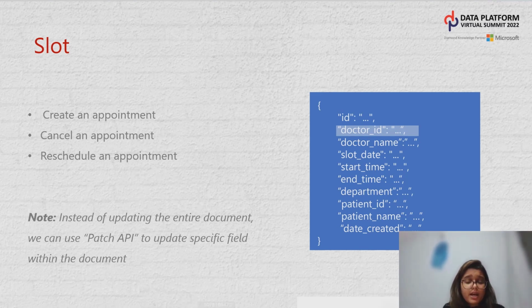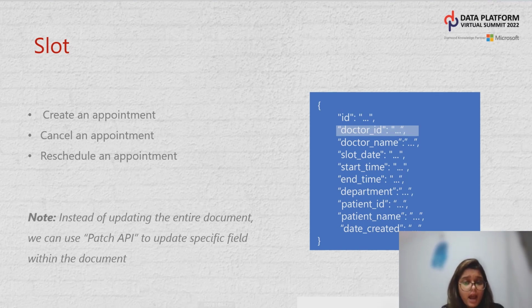So Cosmos DB has released a new cool feature of Patch API, which lets you define what operations you want to perform on the document. You can define a list of operations that you need to do in order to update the document.